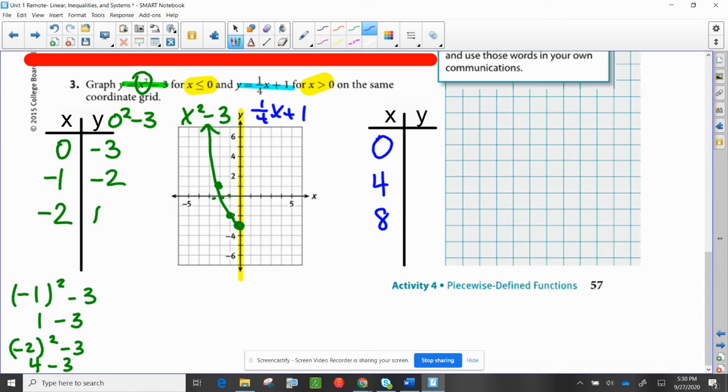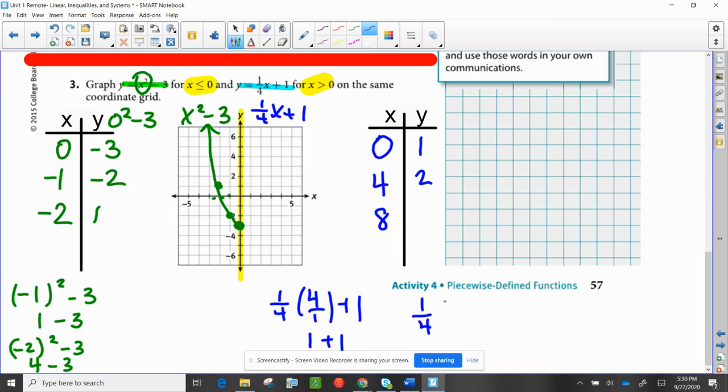Okay. So now let's plug it in and see what we get. So if I have 1/4 times 0, that's 0, plus 1 gives me 1. If I take 1/4 of 4 plus 1, 1/4 of 4 is 1. 1 plus 1 is 2. Okay.